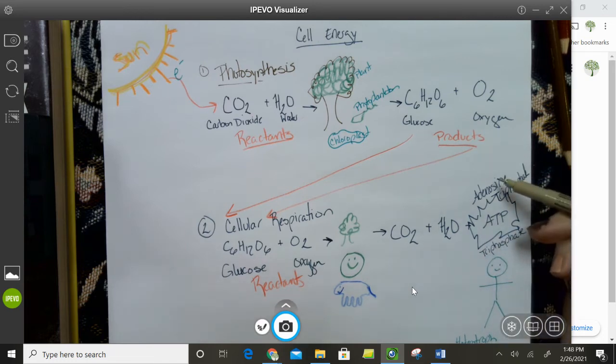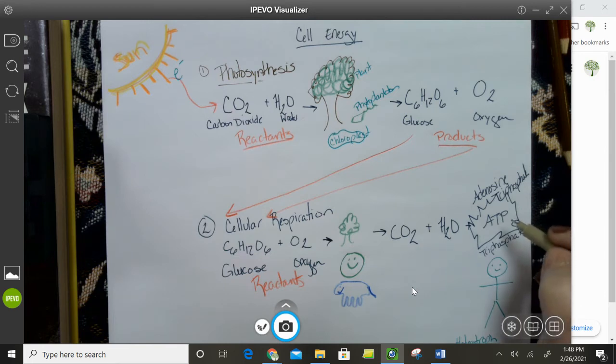And this is the energy molecule for cells.